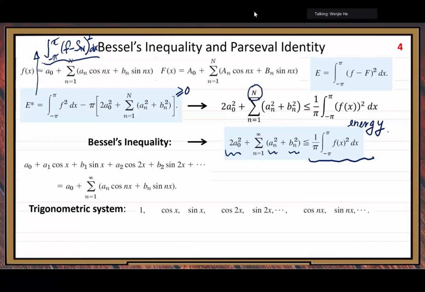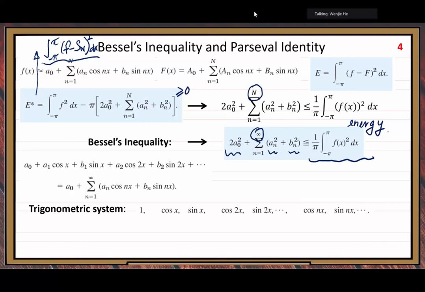Then we increase capital N so we can pick up more and more energy. We try to recover all the energy that comes from the original function. The question is, when N goes to infinity, can we pick up all the energy without any loss?